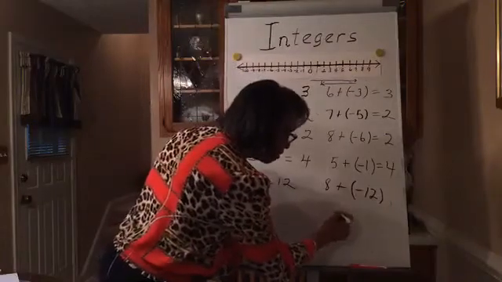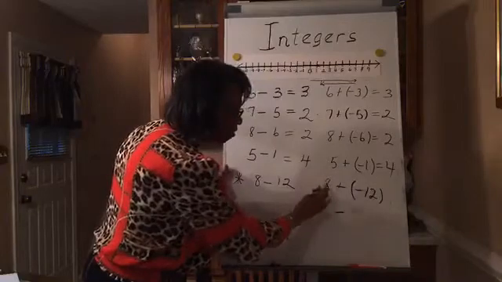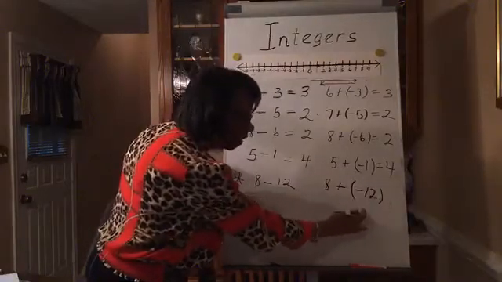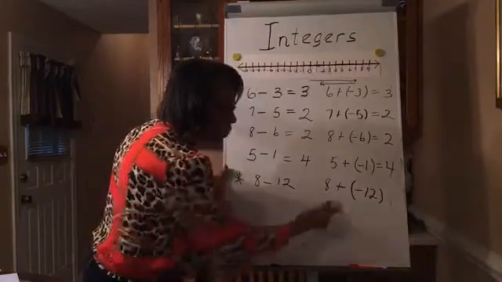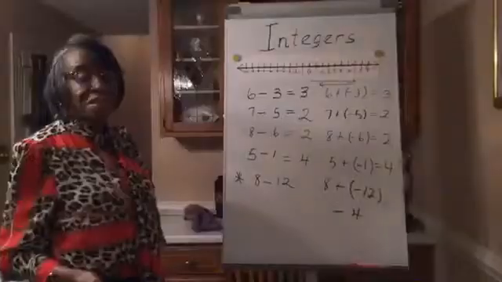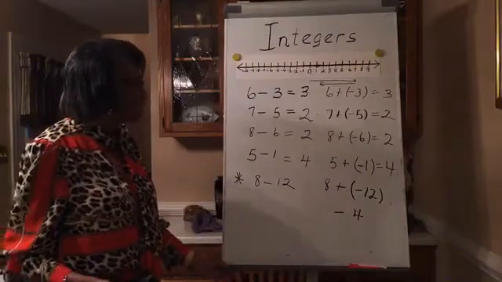The difference is negative because the absolute value of 12 is larger than the absolute value of 8. Absolute value of 12 is 12. Of positive 8 is 8. Then we subtract the absolute values, using the opposite of the number following the minus sign.